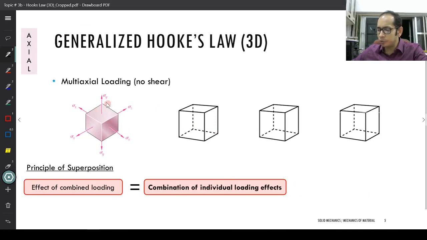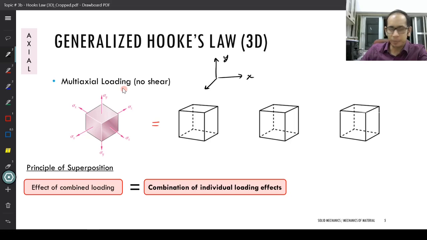This cube over here and the loading over here can be expressed simply in terms of, say this is my coordinate axis that I have over here, right? This is, say, my x, vertically up is y, and this is my z, similar to here, sigma x along the x-axis, sigma y along the y-axis, and sigma z along the z-axis over here.